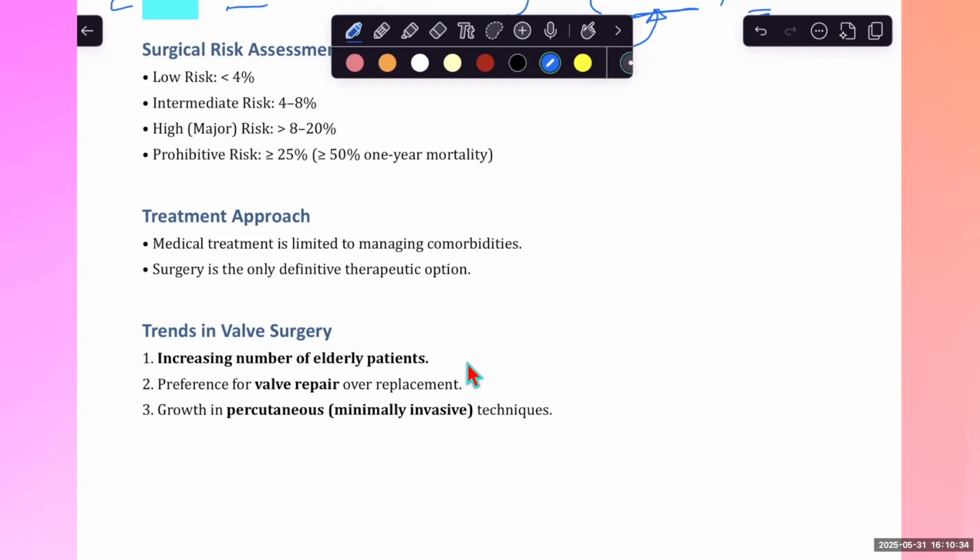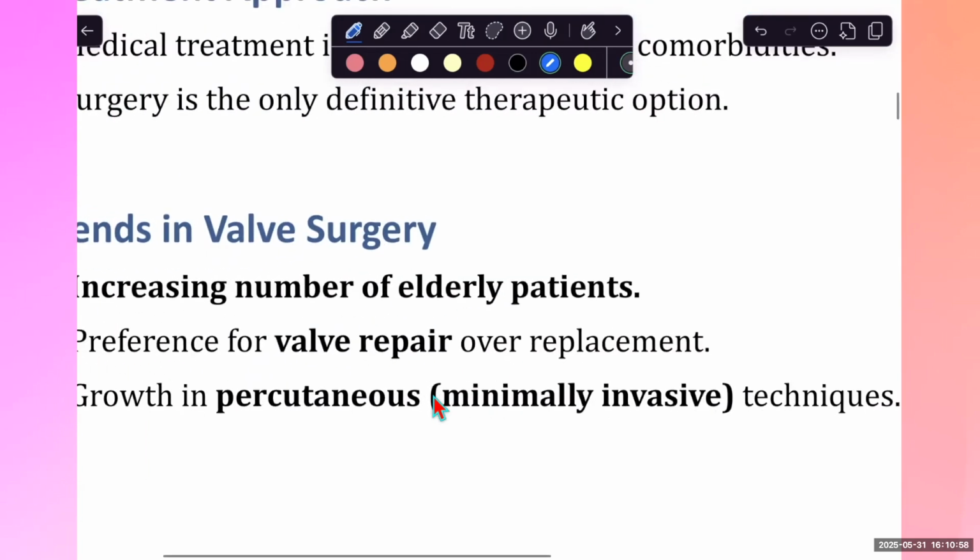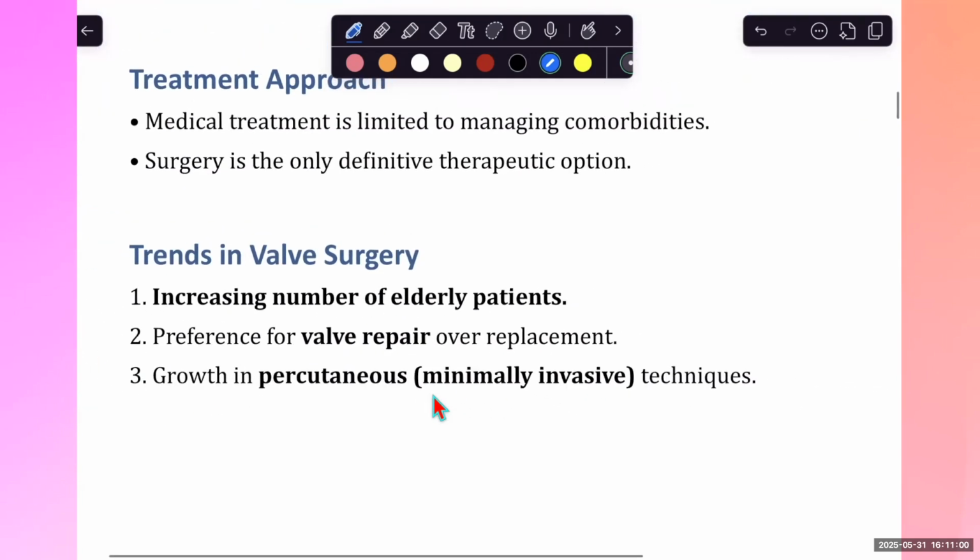Now, with the increased life expectancy, a lot of elderly patients will come for valve surgeries because of senile or old age calcifications that will affect the valve. Also, there is a huge tendency to go for valve repair over replacement, as patients who will have valve replacement will need a full anticoagulant.